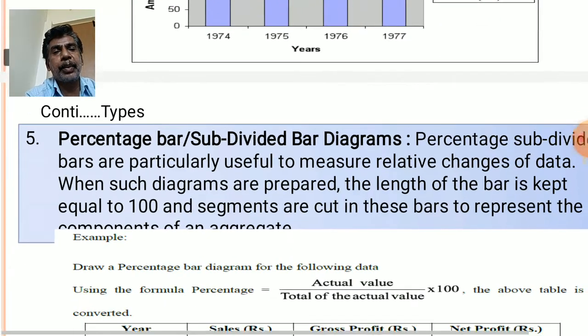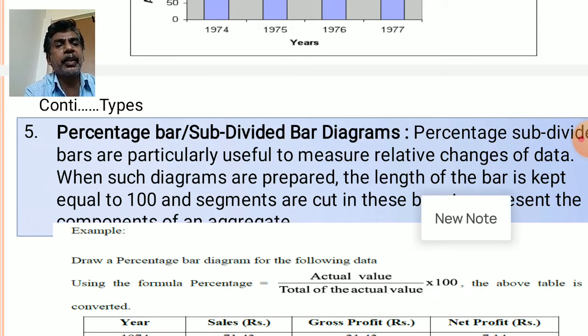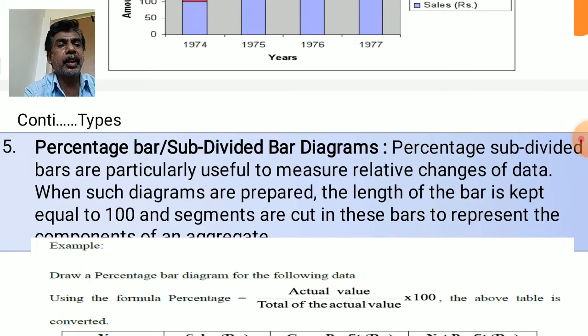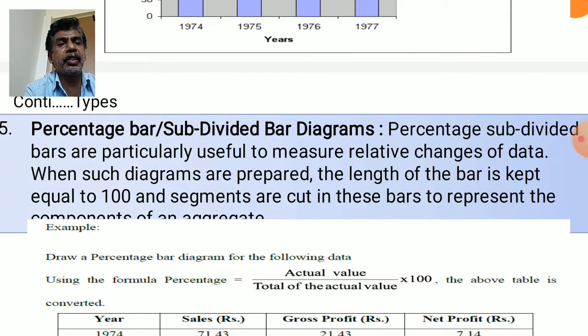Now percentage bar or subdivided bar diagrams. Percentage bar or subdivided bar diagrams are another type of one dimensional bar diagrams, and here percentage subdivided bars are particularly useful to measure the relative changes of data when such diagrams are prepared.